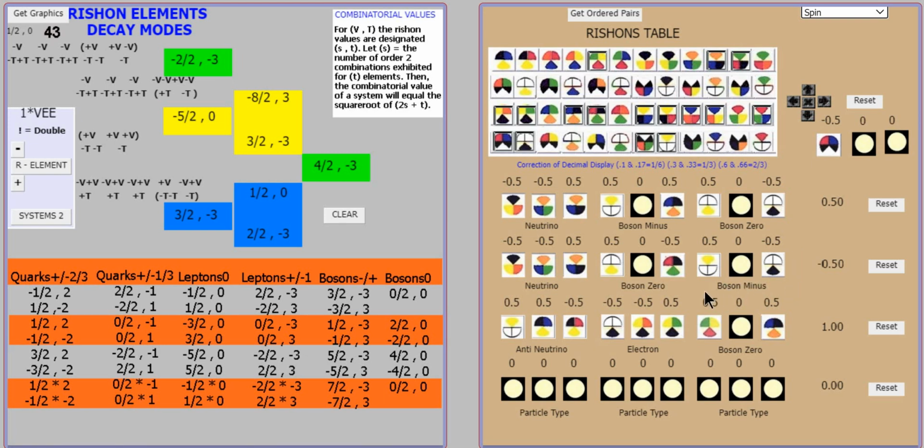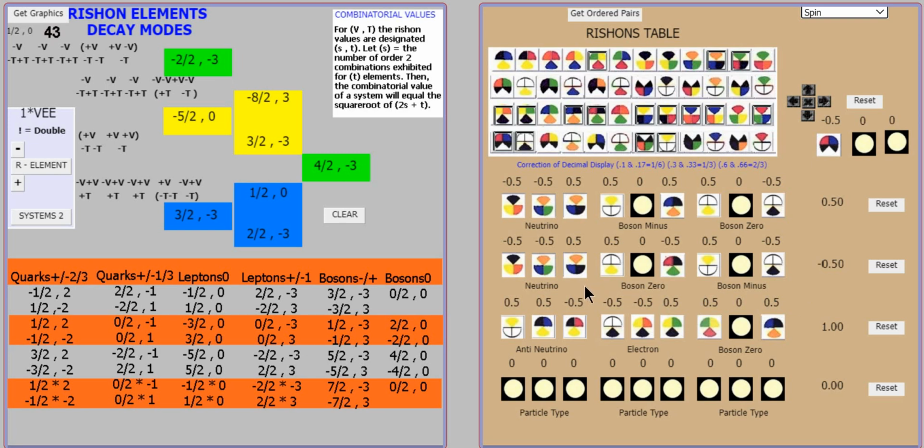And we'll see that, though, to be consistent with its decay products, which will be an anti-neutrino and an electron, the spin on the boson minus, or W particle, is 0, but the +1 spin is carried away by a boson 0.